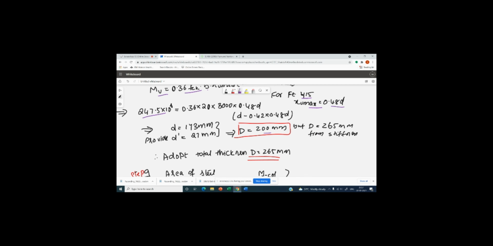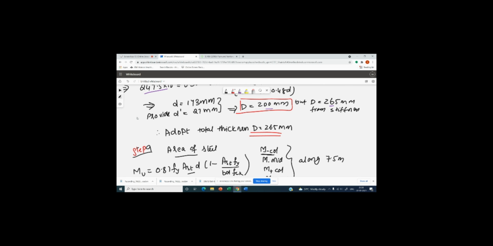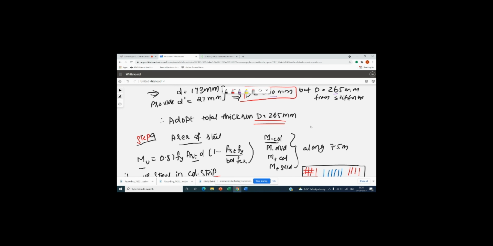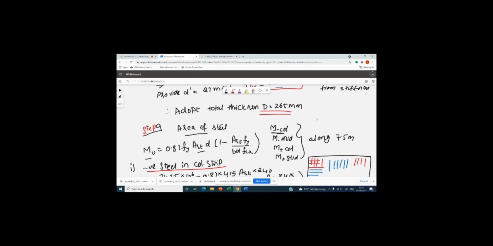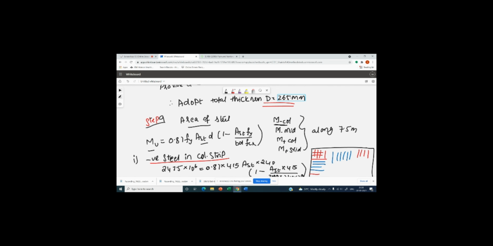But from stiffness consideration, the thickness was 265 mm. So we have to take whichever is the bigger value as the thickness, because if you adopt the lesser thickness, the slab may fail due to deflection. To avoid that, we will take the thickness of the slab from stiffness consideration if that has the higher value. Once we have decided the thickness, we have to go to the next step.